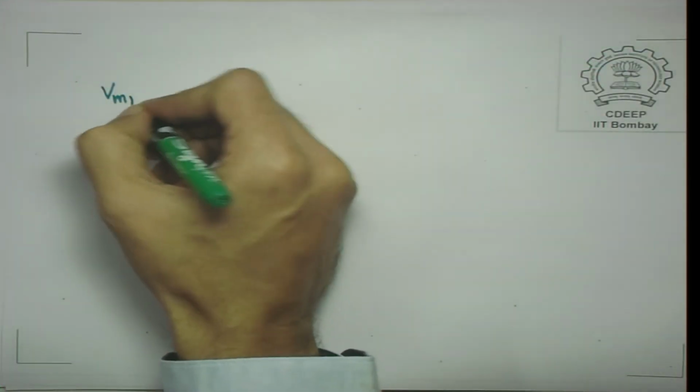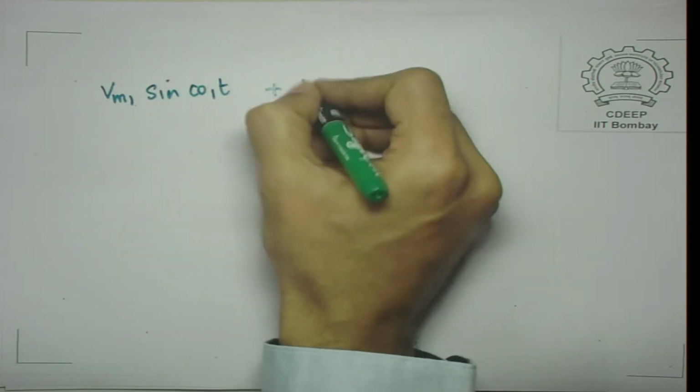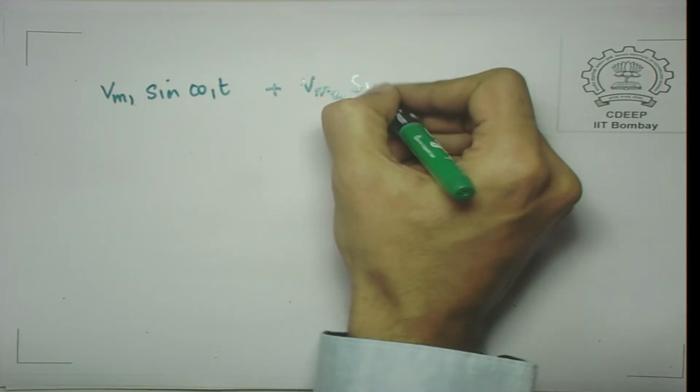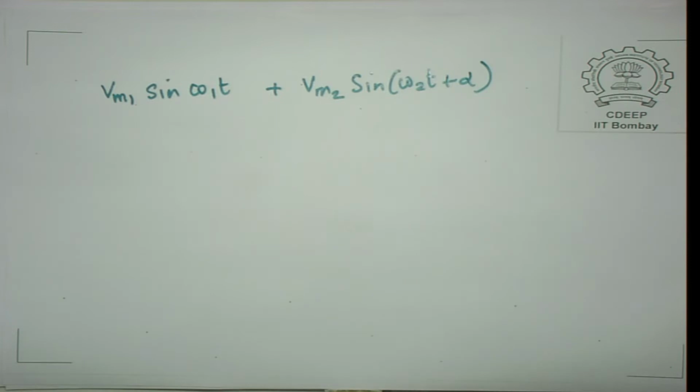Now, if you have got an input which is slightly different, for example, Vm1 sin omega 1 t plus Vm2 sin omega 2 t plus alpha, suppose, then what is the forced response or the sinusoidal steady state response?